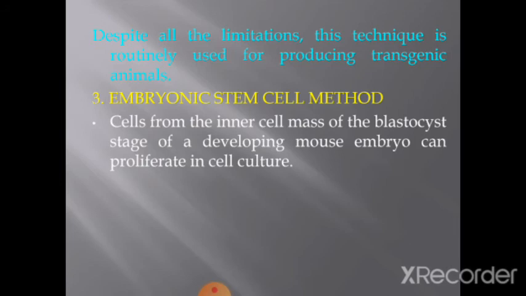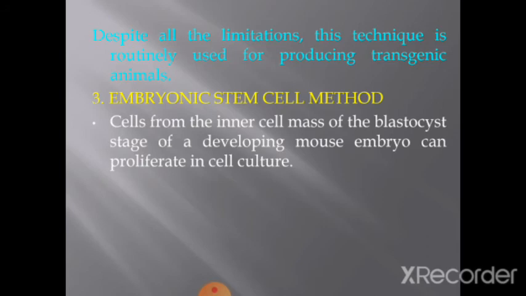And I had told you that despite all the limitations, the microinjection method is routinely used for producing transgenic mice. Now, as a continuation, let us learn about the 3rd method of producing transgenic mice, that is the embryonic stem cell method. What exactly is done in this method? Let us see.